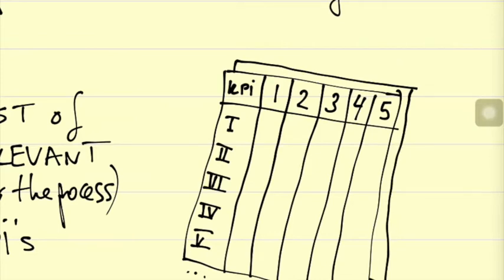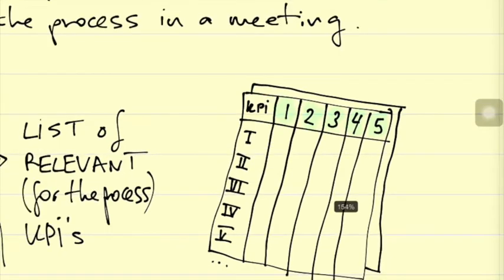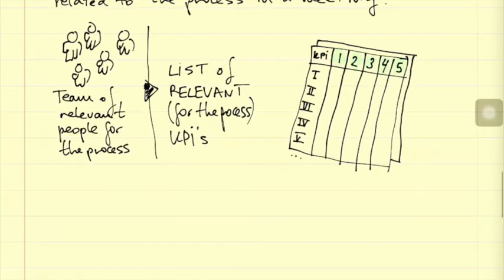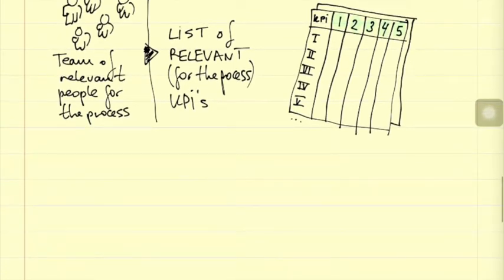Can you follow? Any questions so far? So what are these 5 characteristics? So in the list, we have number 1, the name of the KPI.